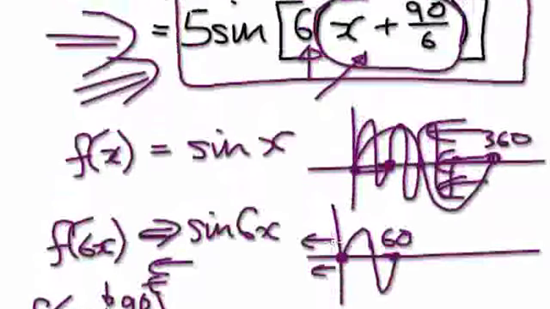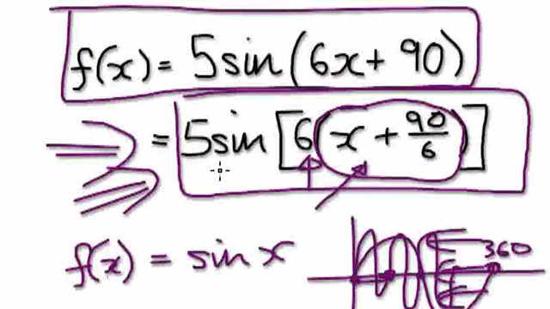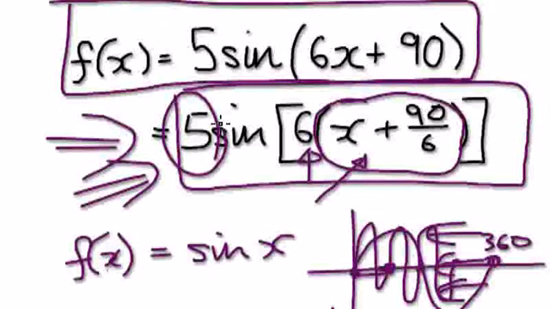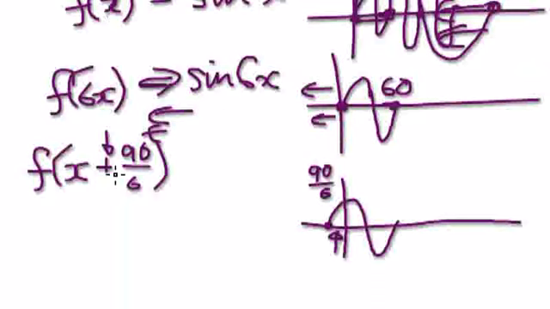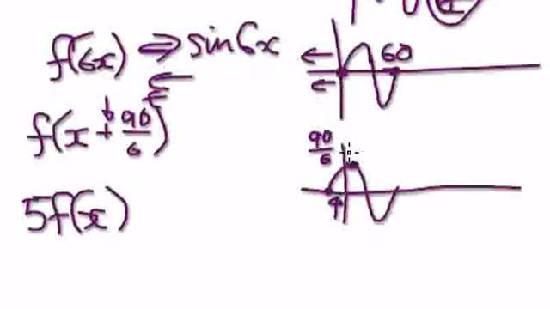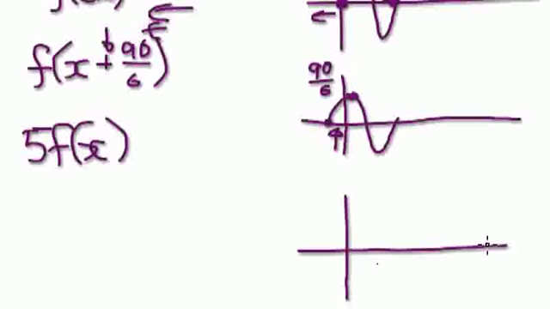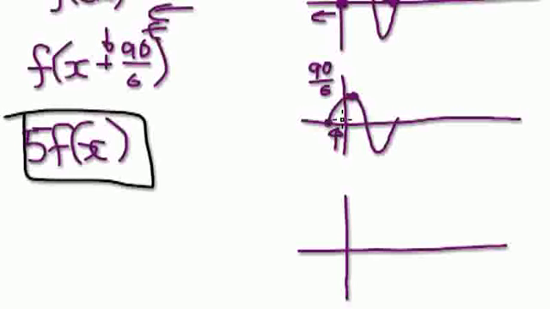Okay, and then our next transformation is this 5 here. So we need to apply this transformation, 5 f of x. At the moment this bit is 1, so it's going to get stretched by a factor of 5. So at the moment it's this. For you to apply this transformation, it will look like this.